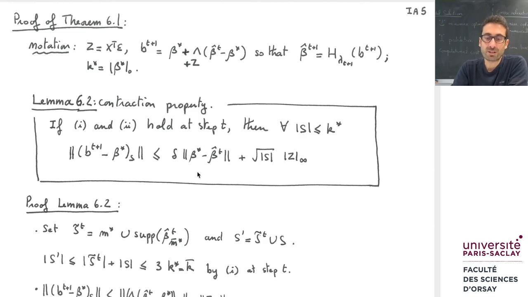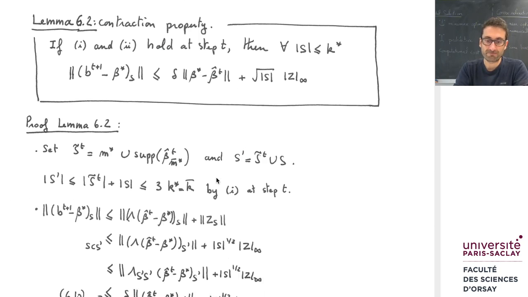So if the first term is very large, after some iterations it will shrink to 0, and we will only have this statistical term that will remain. So this will be the key property for proving the theorem, which really gives you the contraction.